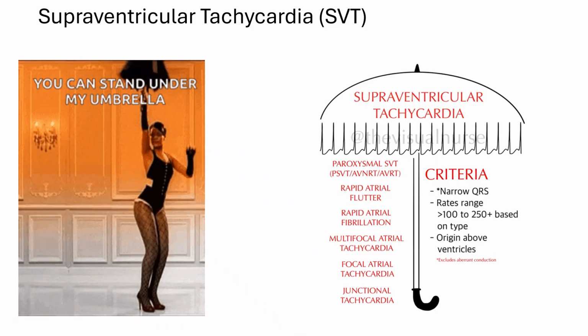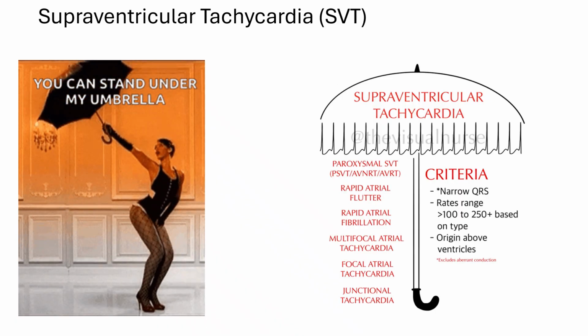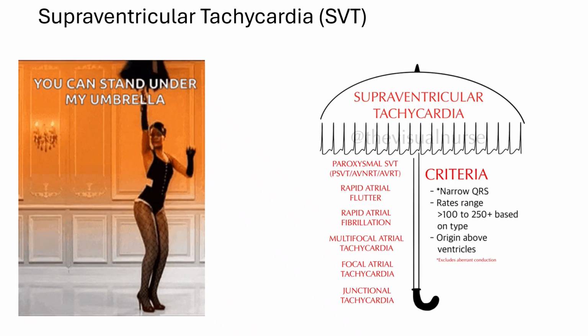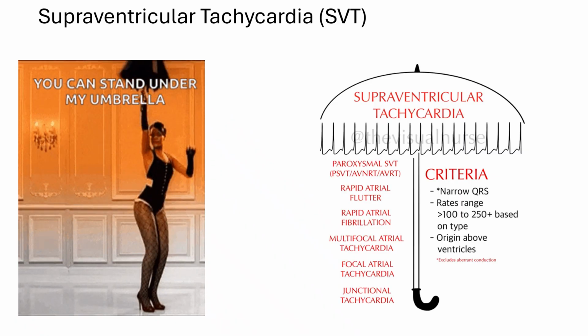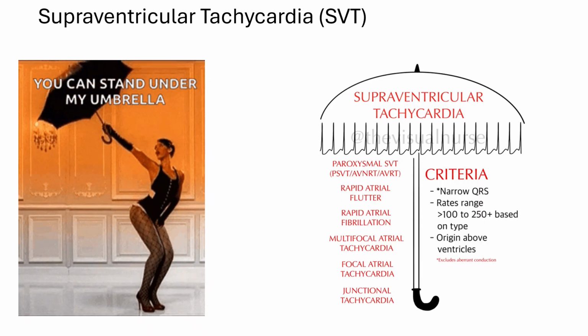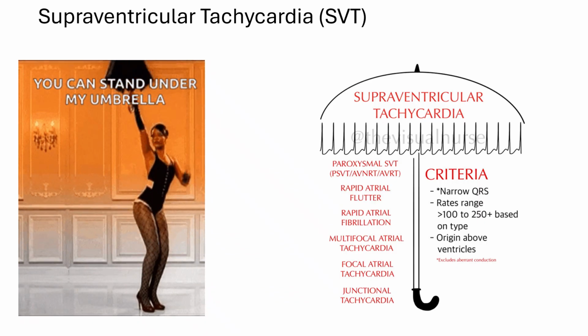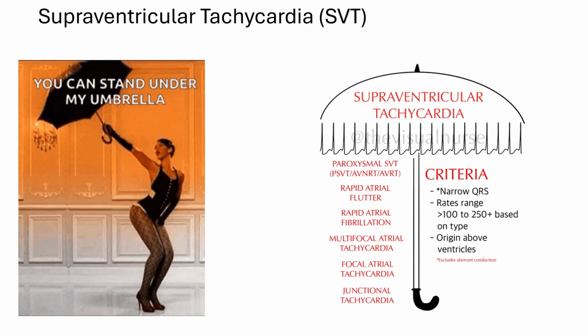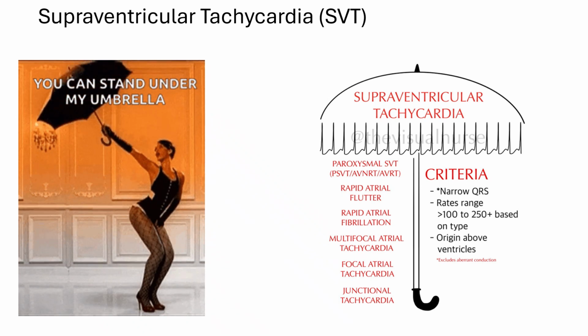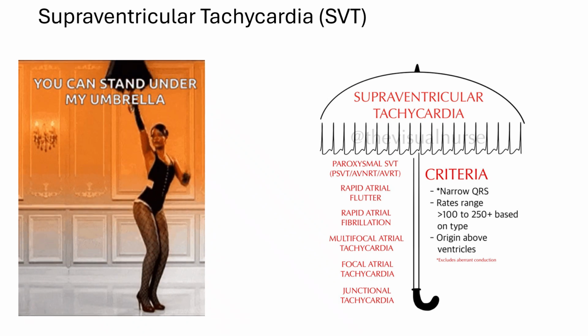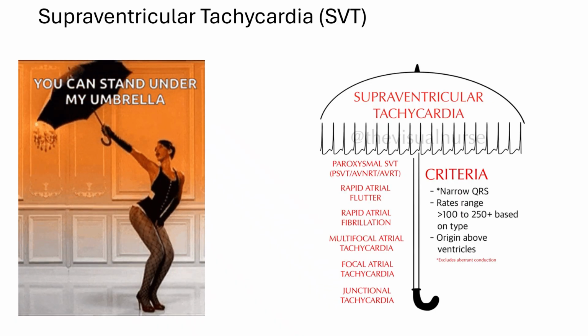And because of this, our goal is ultimately to slow it down because SVT could be one of many rhythms. We just don't know because we can't see that P wave because we're going too fast. SVT is usually going to be between about 150 to 220 beats per minute, although it can be less or more.